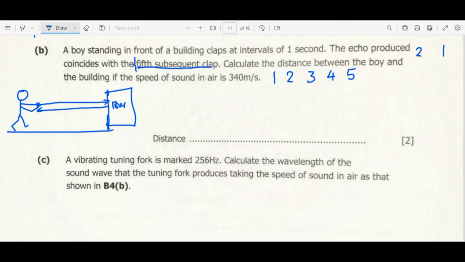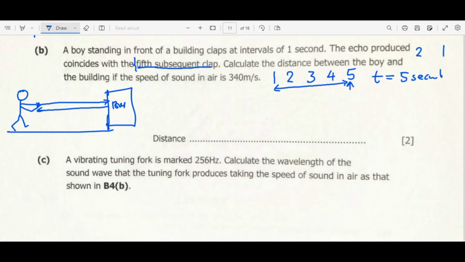Fifth clap, that is when an echo was produced. Which simply means that it took 5 seconds from the initial up to the 5 to produce an echo. So we have at least time. So we'll say time is equal to 5 seconds.